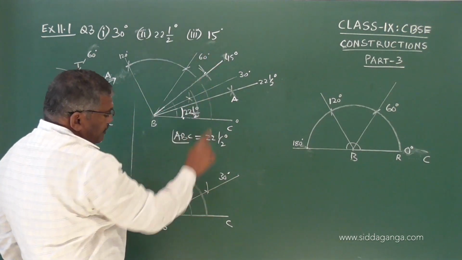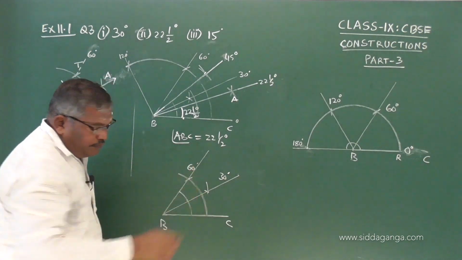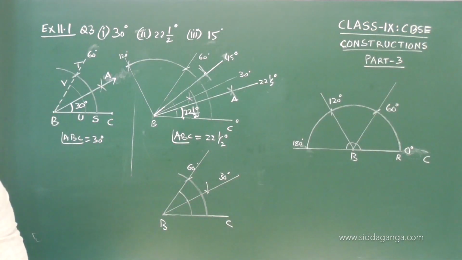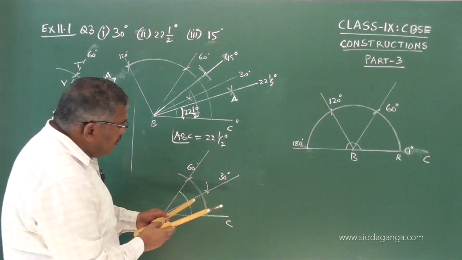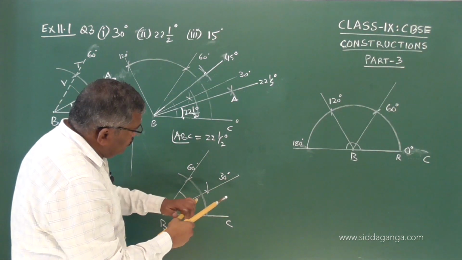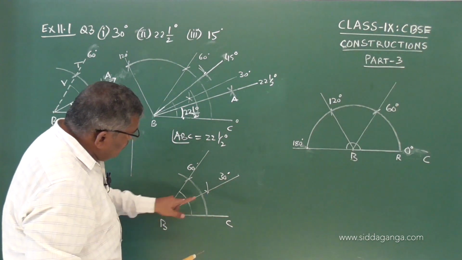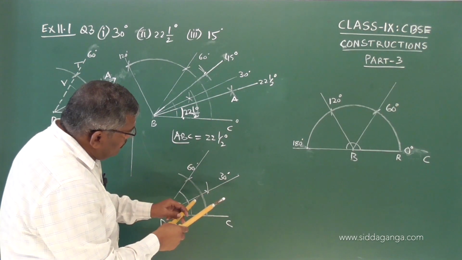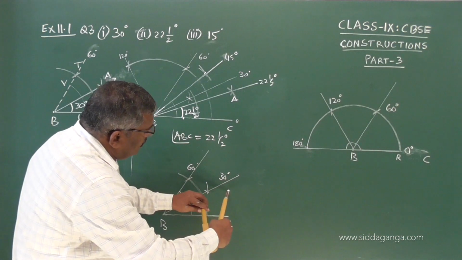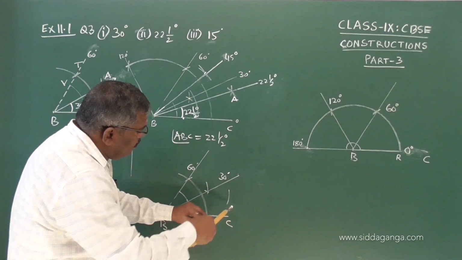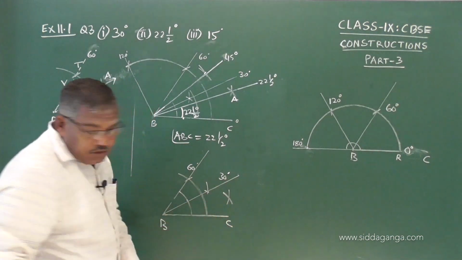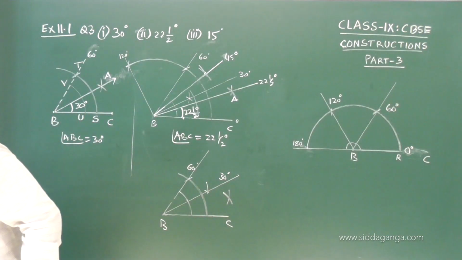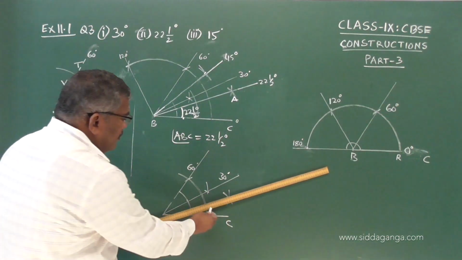So, I want 15 means again I have to divide these two. So, from these 2 points, you can use any arc, no problem, because this equal radius is there. From this point you can cut here, and from this point you can cut here. You will get the 30-degree line.